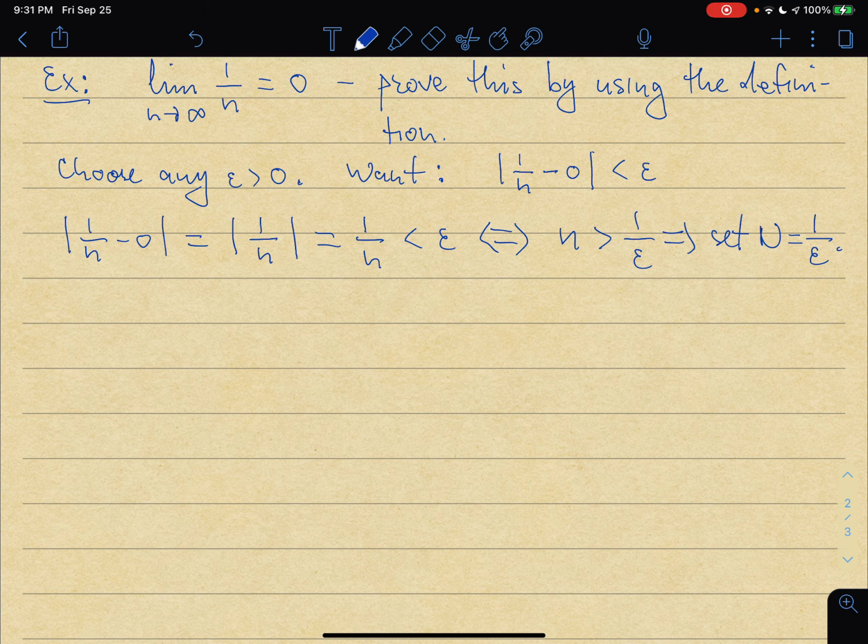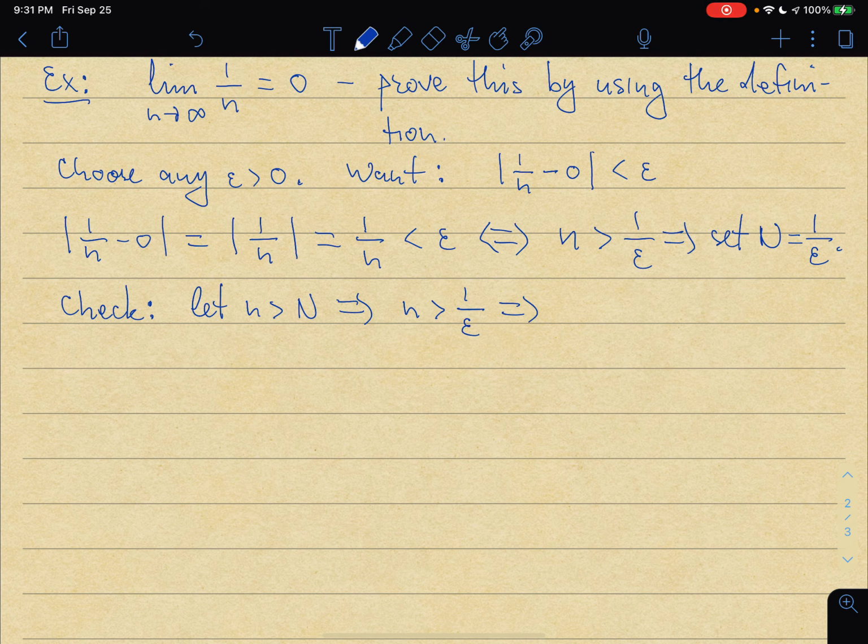So now I'm going to check. Let n be bigger than capital N. If n is bigger than capital N, then capital N is 1 over epsilon, so then n is bigger than 1 over epsilon.